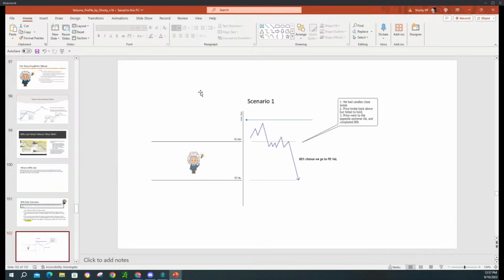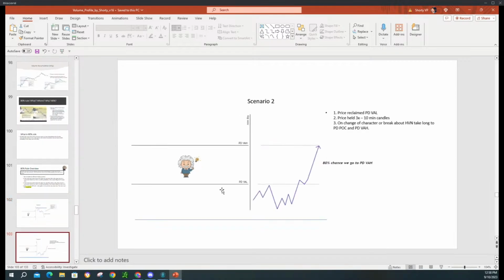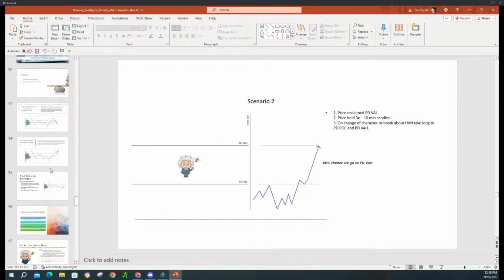The way it looks, this right here is a previous day. If you open above it, the PD value area high, and then you fall inside, there's an 80% chance that you're going to go to PD value area low. The same is true for the opposite, where you have PD value area low here. Once you're able to reclaim it and go inside, it's almost like what I covered here.